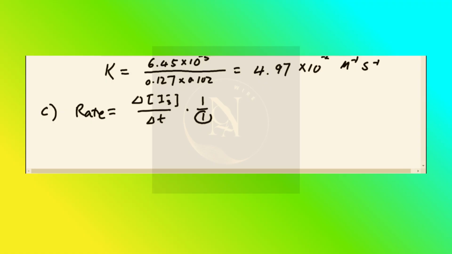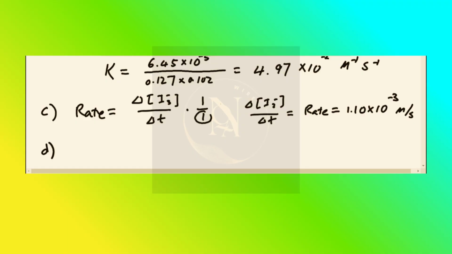So basically it's the same, which means the rate in terms of triiodide is equal to the rate of the reaction, and that will be 1.10 times 10 to the power of -3. You can plug in the rate constant and concentration, and you will get this number.